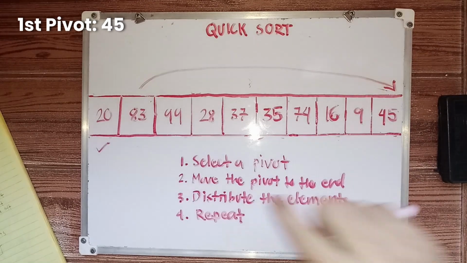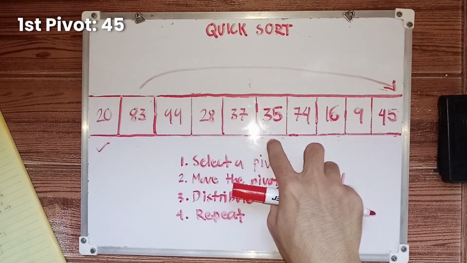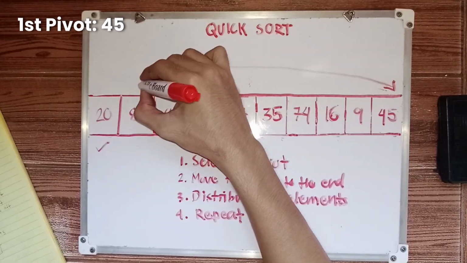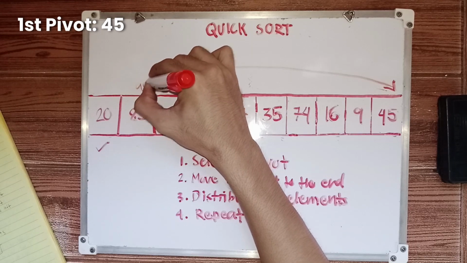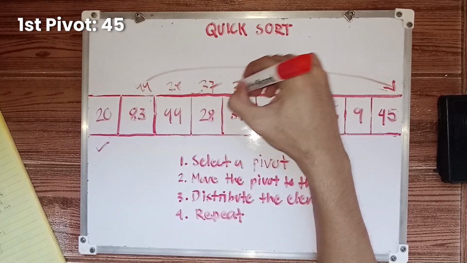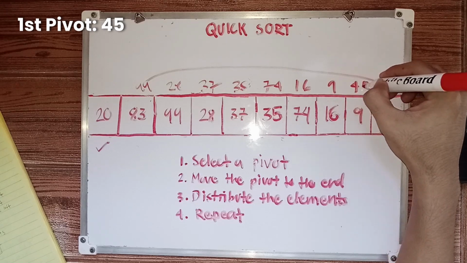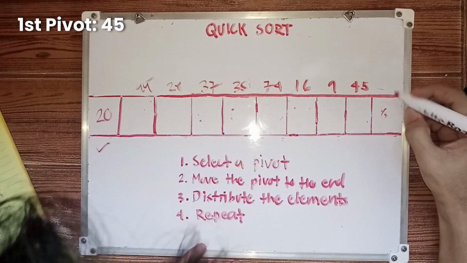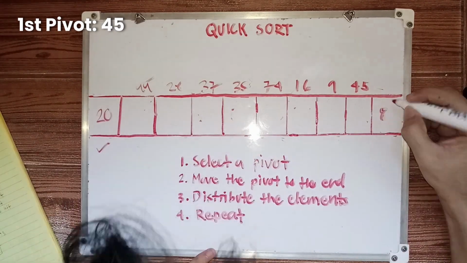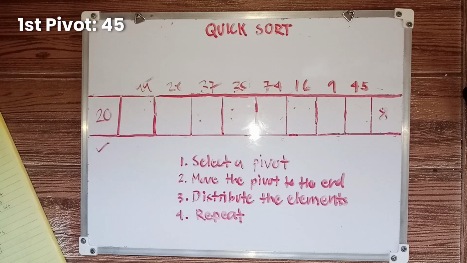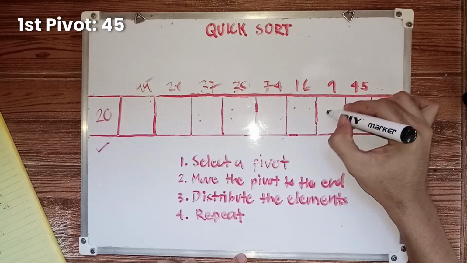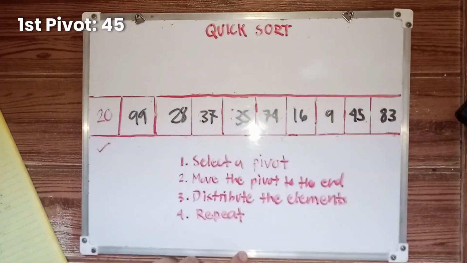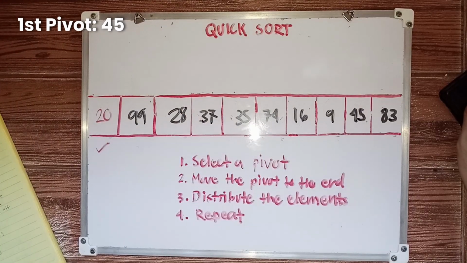So to do that, we're going to move the rest to the left, making this 99, 20. So to the rest like that.